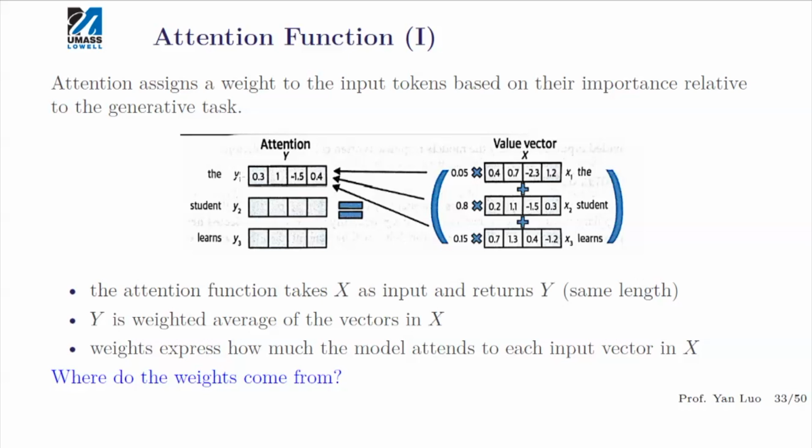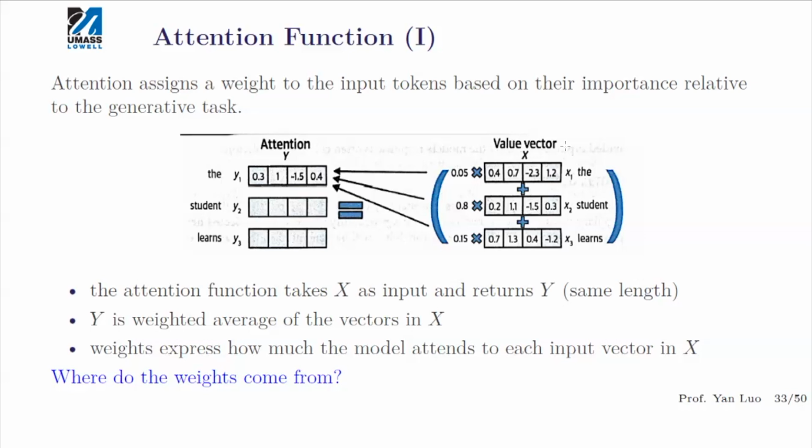So we have tokens y1, y2, and y3. We use these embeddings to calculate their attention value, which is represented using y. The attention is also a vector of the same dimension.